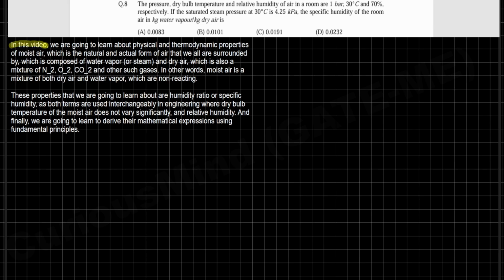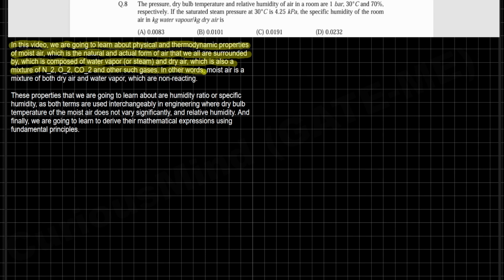In this video, we are going to learn about physical and thermodynamic properties of moist air, which is the natural and actual form of air that we all are surrounded by, which is composed of water vapor or steam and dry air, which is also a mixture of nitrogen, oxygen, carbon dioxide, and other such gases.